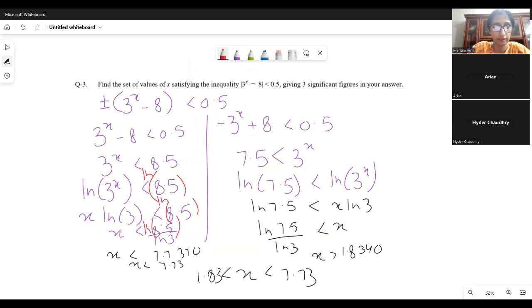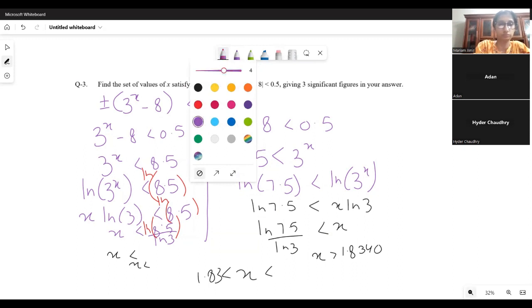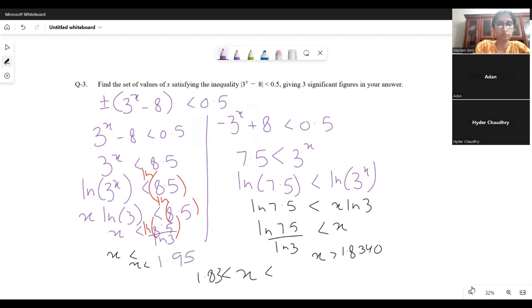And then ln 8.5 divided by ln 3 is 1.95 after rounding. That is the correct answer. So this would be 1.95. I think now it's correct. Yes. Okay, this took a while.